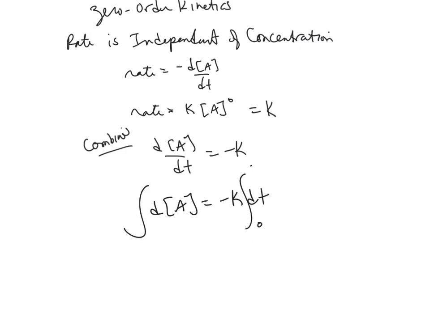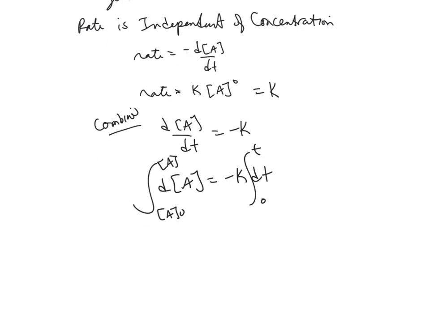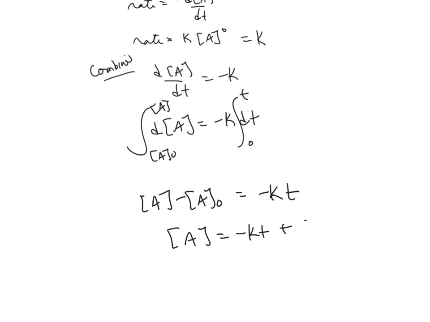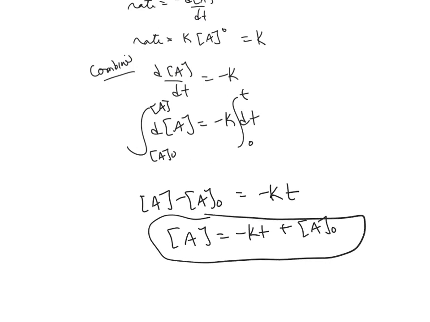Integrate 0 to t, A initial to A. And so then we're going to have, let's see, integrate dA, it'll be A, so A minus A initial is equal to negative KT, or A is equal to negative KT plus the A initial concentration.